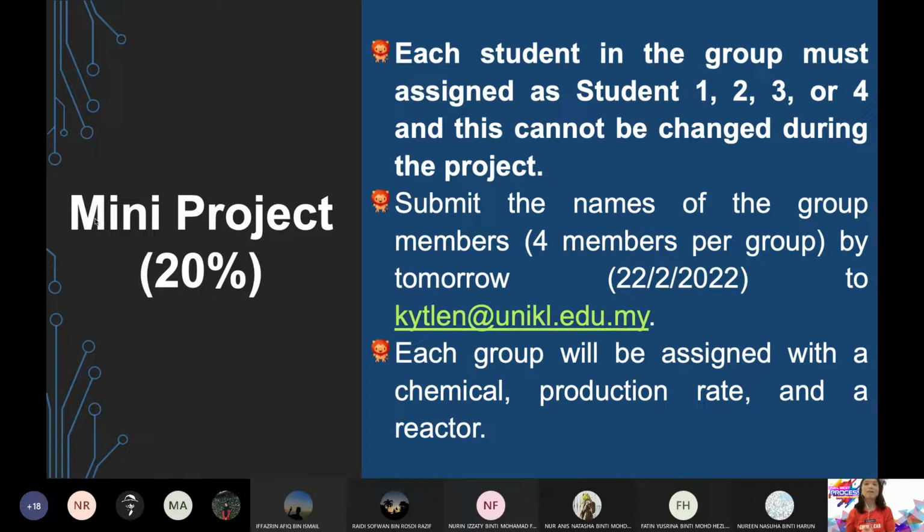Okay, so the members are up to you. You select yourself, freedom, you can select anyone. Tak semestinya daripada section yang sama, section berlainan pun boleh. Let's say proses nak combine dengan bio ke, nak combine dengan polymer ke, you are free to do so. This is a free country, you are free to do so. Just that, kena ada 4 orang. Okay, tu je benda dia.